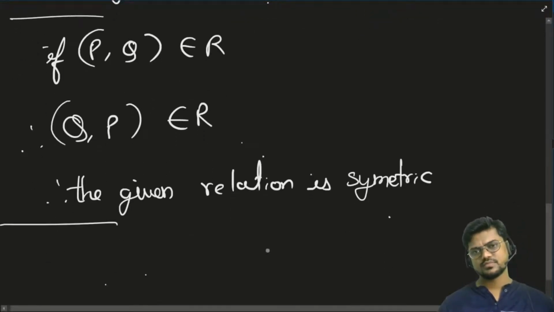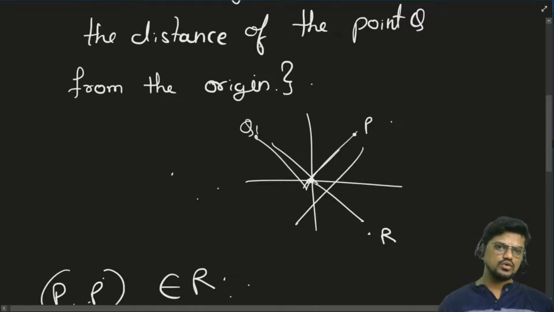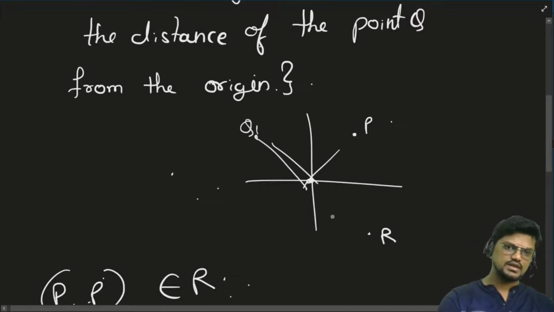Next, if there is another point R, and the distance of point P from the origin is the same as the distance of Q from the origin, and the distance of Q from the origin is the same as the distance of R from the origin, can I say the distance of P from the origin is the same as the distance of R from the origin? Yes, if OP and OQ are equal and OQ and OR are equal, then OP and OR are also equal, right?